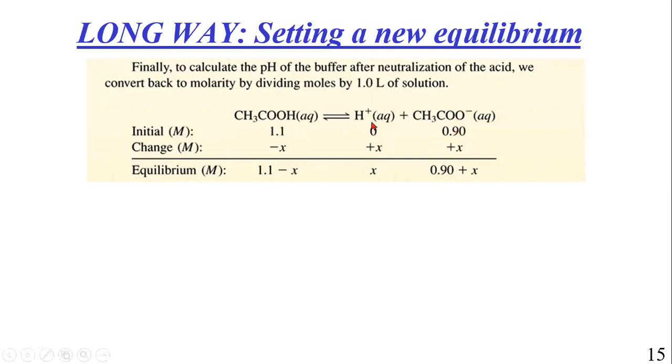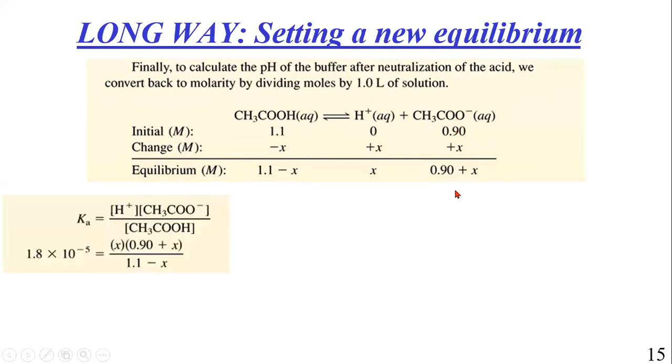So officially I have 0 H+. But of course, this will undergo dissociation, minus X and plus X plus X on the product side, and we get a new equilibrium. And of course, we use the Ka to solve for the X of this new equilibrium reaction.